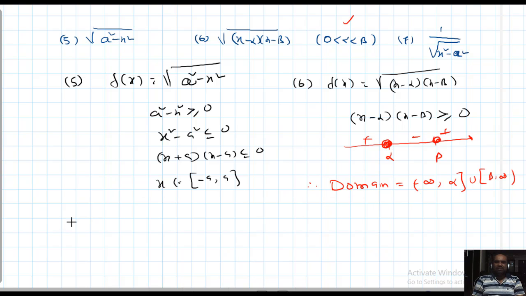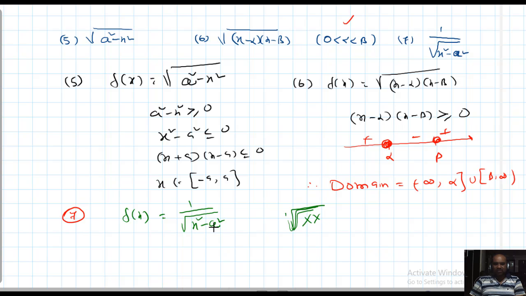Okay. So next, the seventh problem. What is that? f of x is equal to 1 by root over x square minus a square. So again, root over, fourth root, sixth root, the inside value should not be negative.